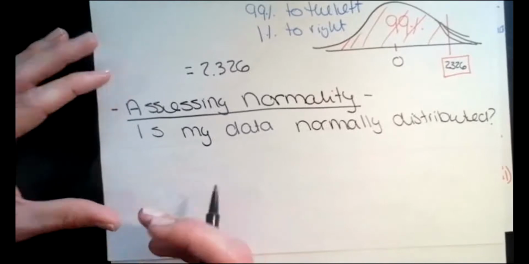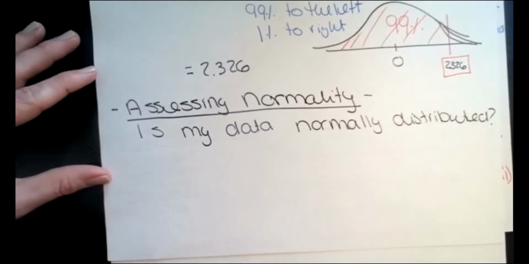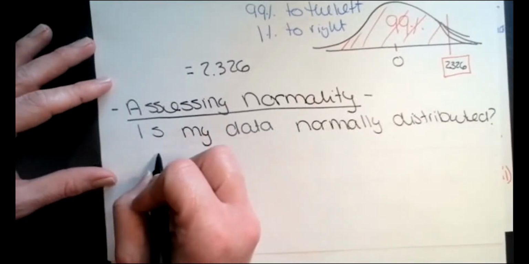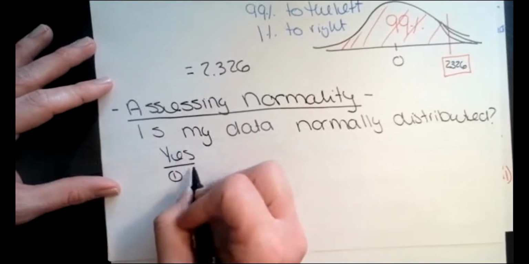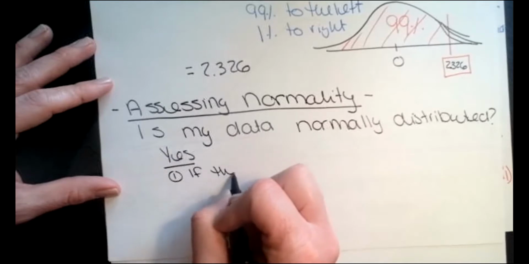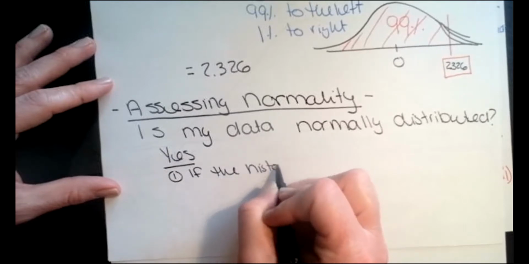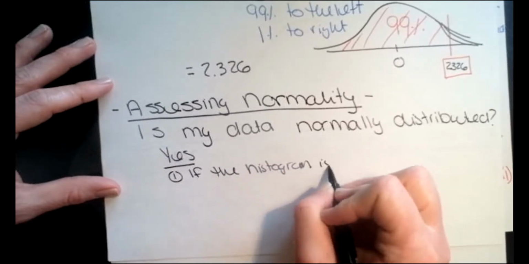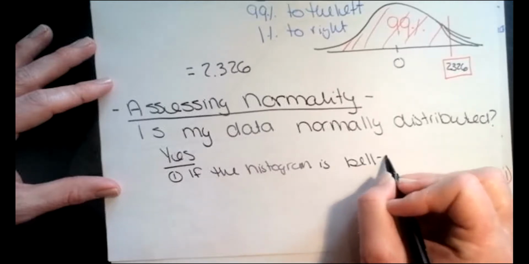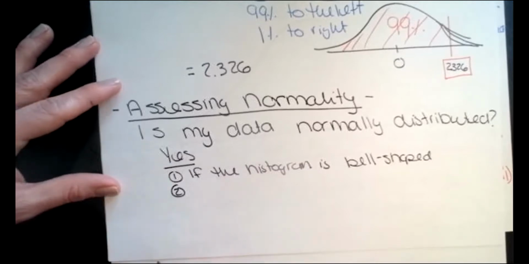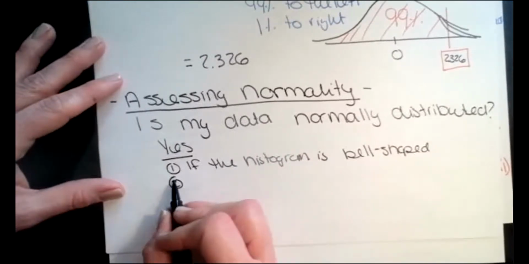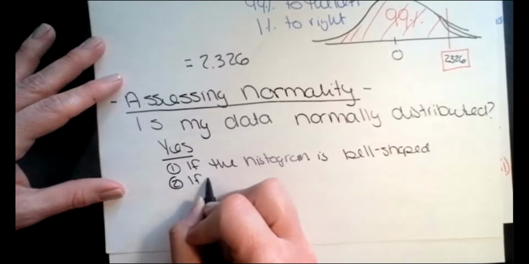If you want to just be visual about it, you can look at the histogram. So we can say yes, if the histogram is bell-shaped. So that's one way to tell. Another way that we can tell is if we are told.